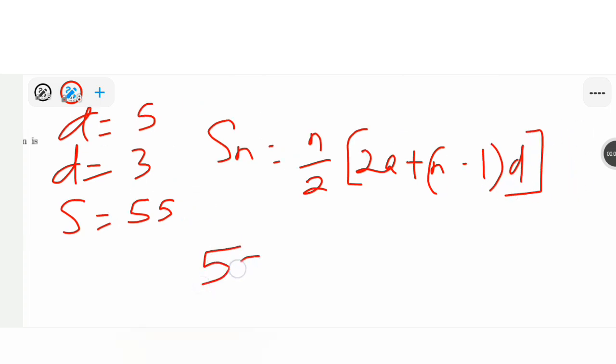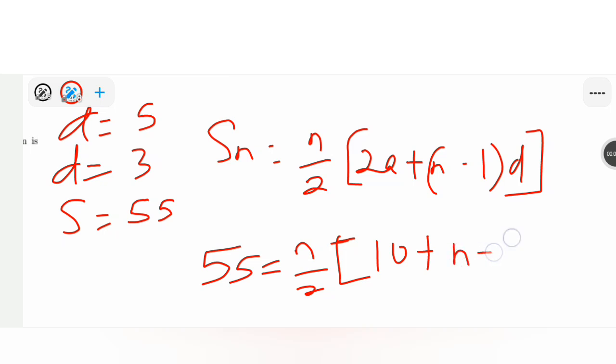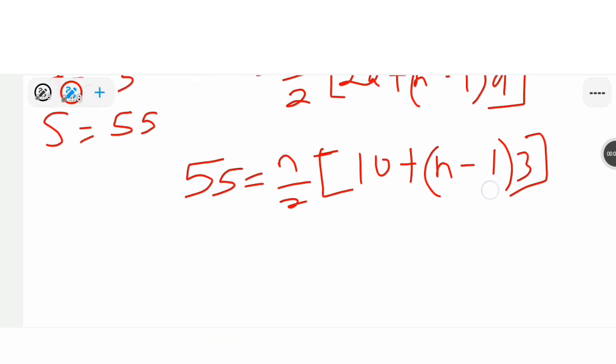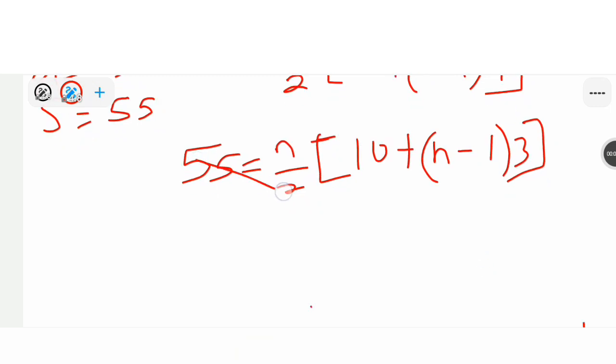So Sn is 55, n over 2, we're looking for n. 2a, with a being 5, will be 10, plus n minus 1, d is 3. You just have to multiply first. 55 times 2 will give you 110.